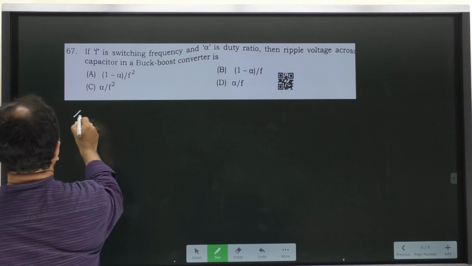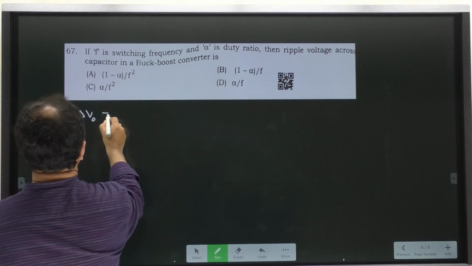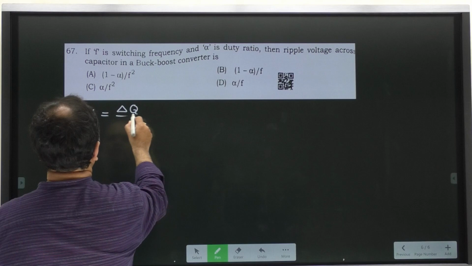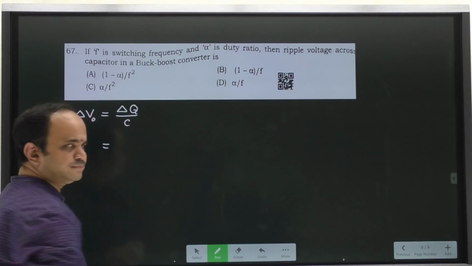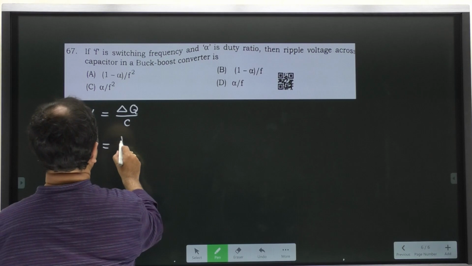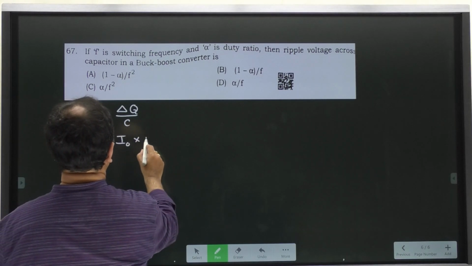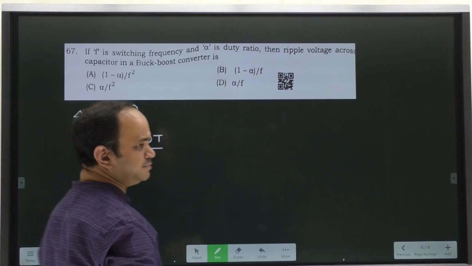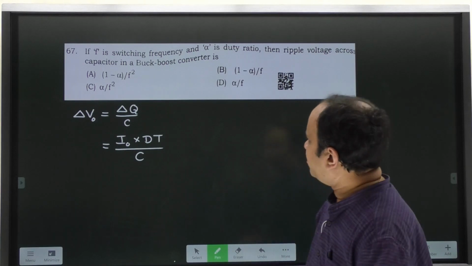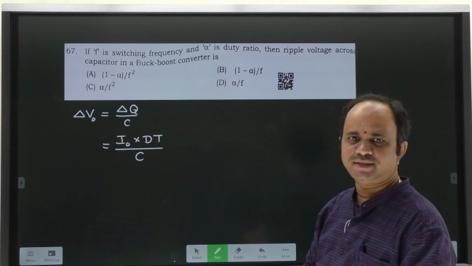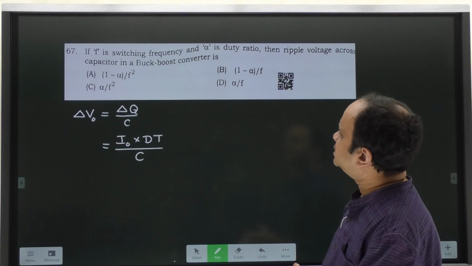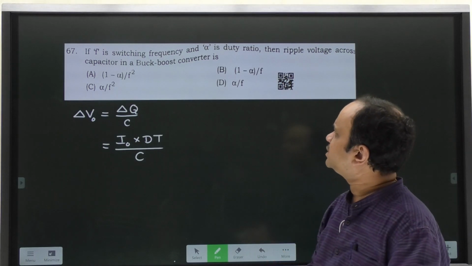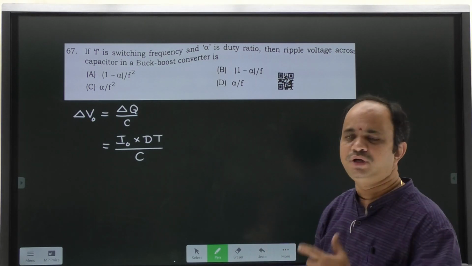In a buck boost converter, the peak to peak ripple voltage across the capacitor can be represented as delta V naught is equal to delta Q upon C, where delta Q is given by I naught multiplied with duty cycle ratio into cycle time divided by capacitor. But none of the options has I naught and C, therefore I can say that the appropriate question wording should be: the ripple voltage across the capacitor in a buck boost converter is proportional to.